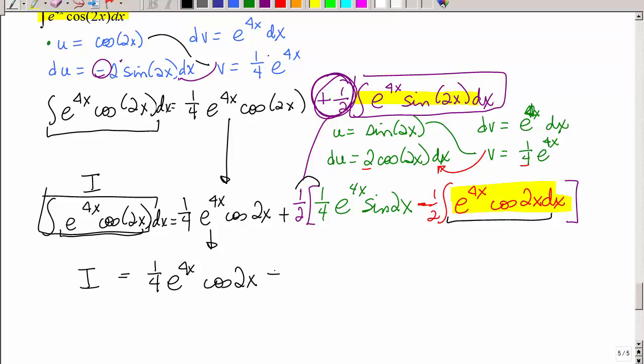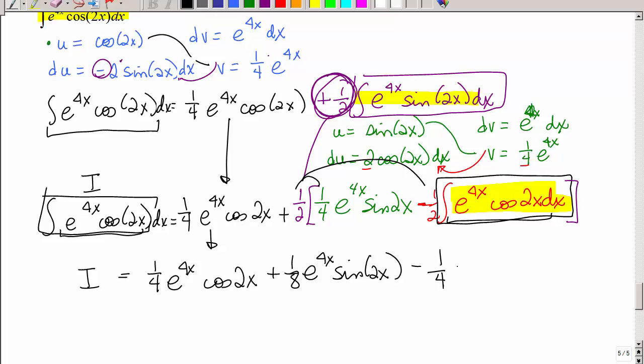I'm going to distribute here, so that's minus 1/4. And what did I just call that? I let that be I. Or in other words, you could say P for problem, or not even use a variable, but that's what I'm going to use. I want you to see that we're actually solving an equation for I.